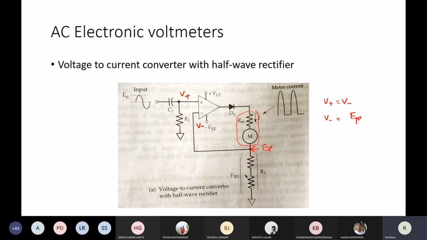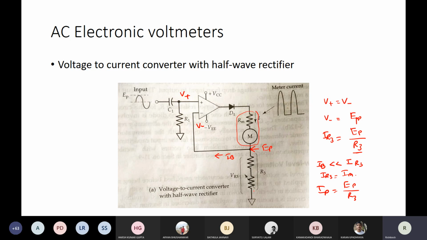So the current flowing through this R3, IR3, is E peak divided by R3, isn't it? And again, this current IB is very much less in comparison to IR3, and IR3 therefore is equal to IM, the meter current. So the peak current through the meter, I peak, is E peak divided by R3.